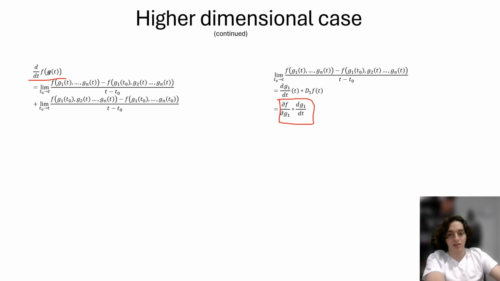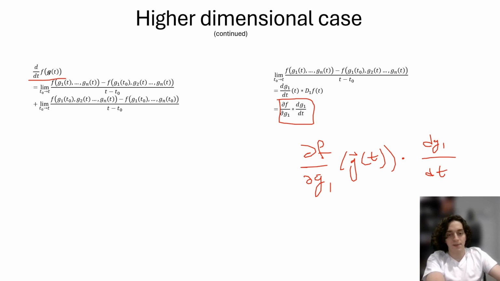So we have the partial of f with respect to g1, and here is that use of notation, g vector evaluated at this vector, times dg1/dt. This is the very first part of what will be a sum, and that just goes over here.